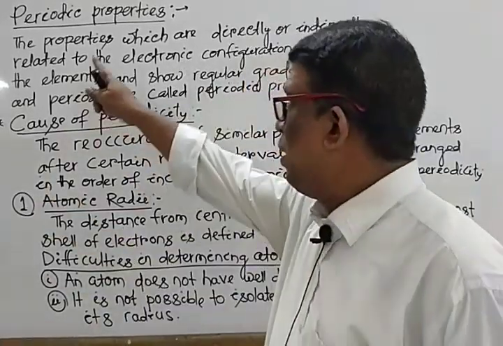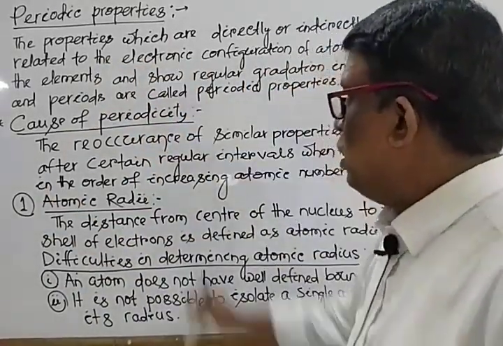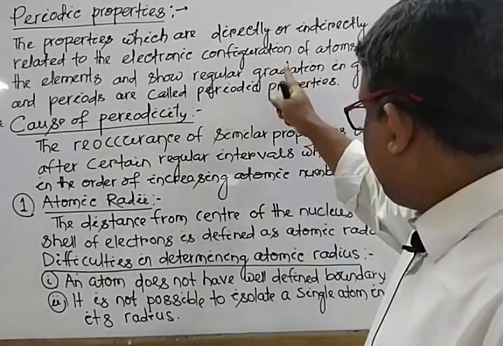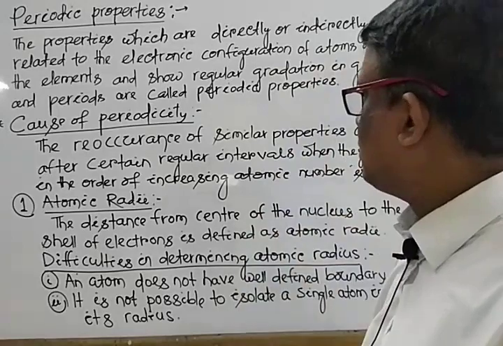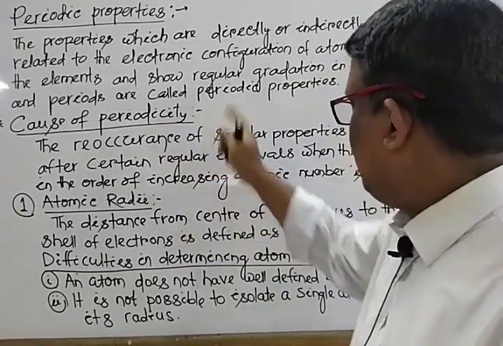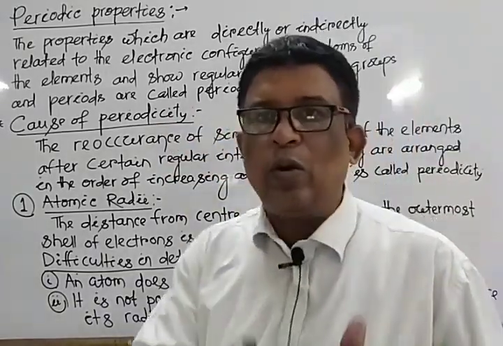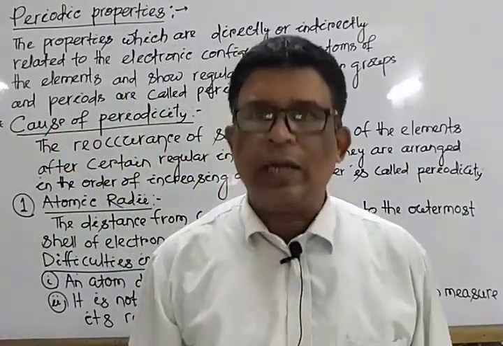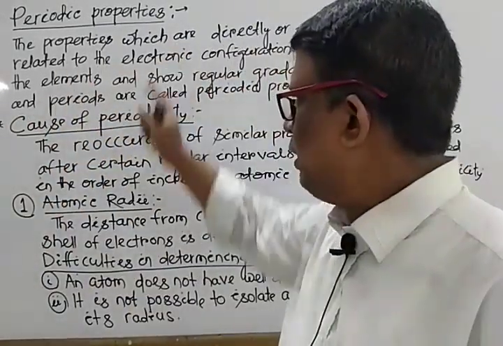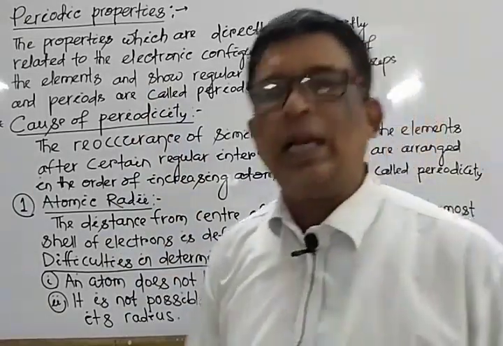Mark that. First one is periodic property. The properties which are directly or indirectly related to the electronic configuration of atoms of the element and show some regular gradation, some changes in their behavior and character, are known as periodic properties. And what is their cause?